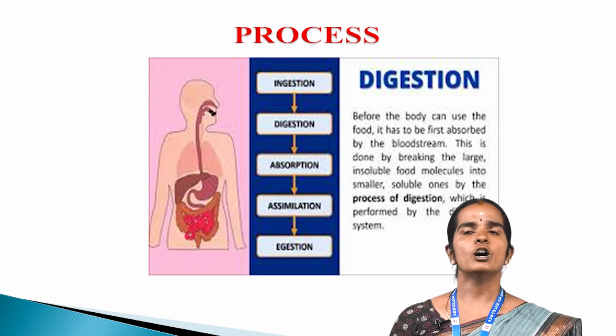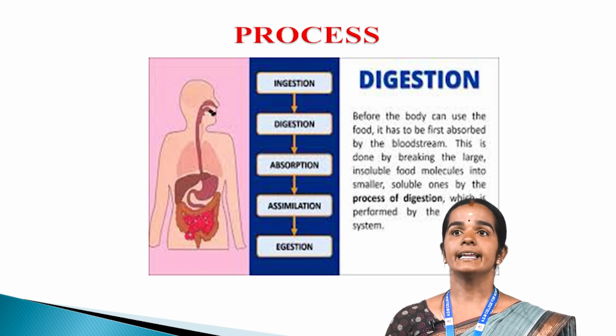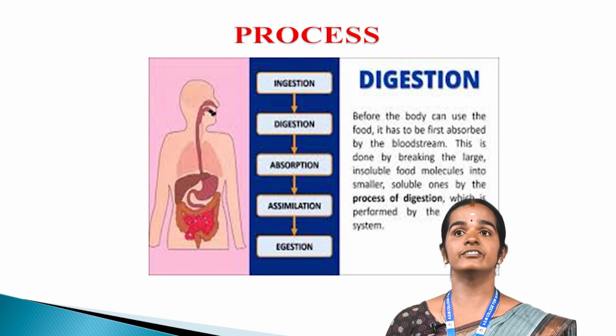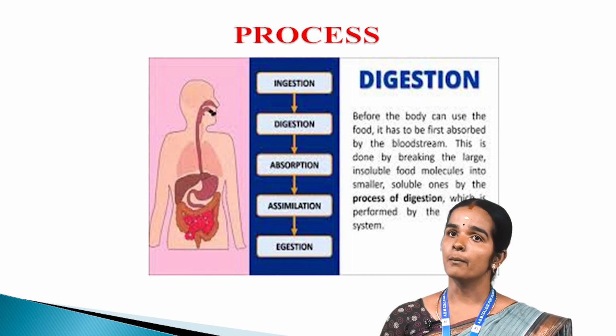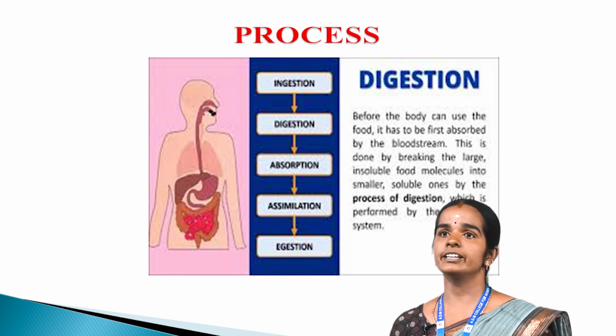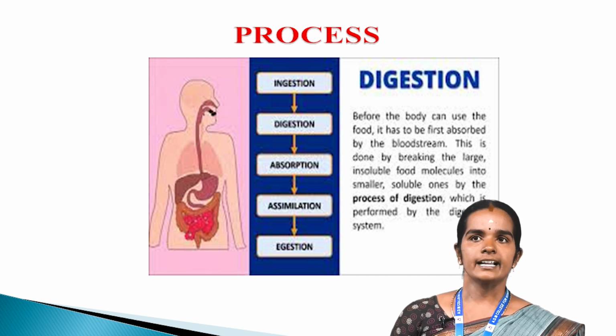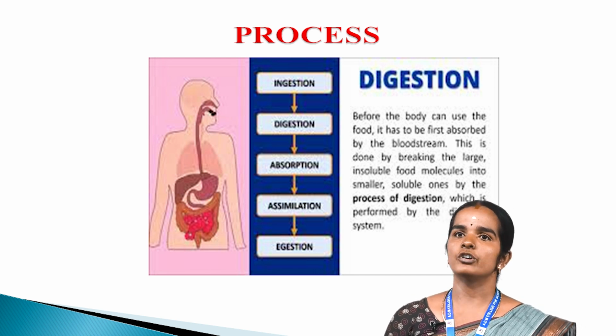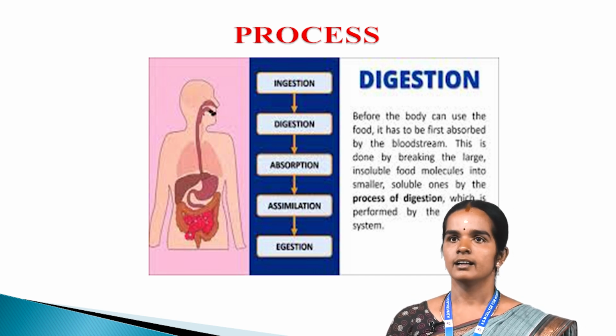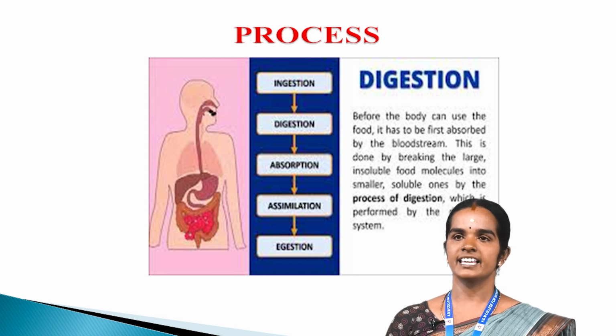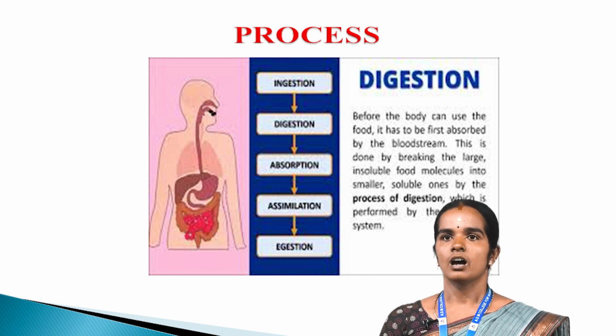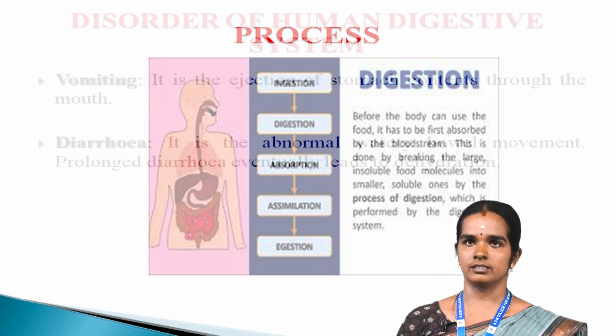Excretion. The process of removing indigestible substances and waste byproducts from the body through defecation. The digestion process consists of 6 steps: ingestion, mixing and movement, secretion, digestion, absorption and excretion.